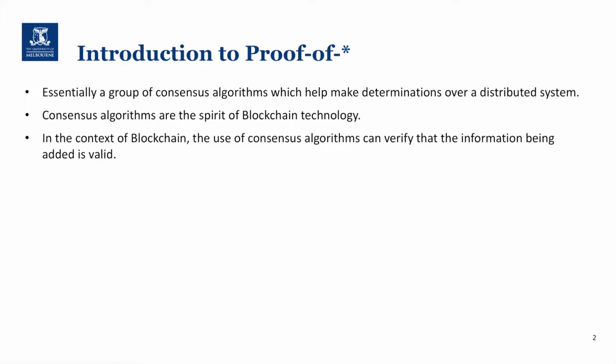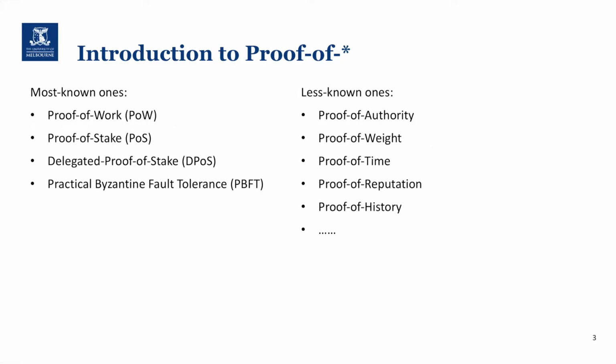However, such a system can be ruined by replay and forgery. To protect the whole network from security attacks, the consensus algorithms should be robust by implementing cryptographic techniques. And as you can see, there are some well-known proof-of algorithms, such as proof of work, proof of stake, delegated proof of stake, and practical Byzantine fault tolerance.